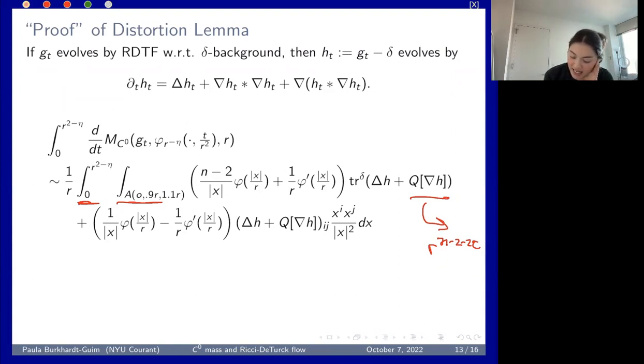The reason this works is that in these quadratic terms, nabla h appears twice, and that's why there are two here. If we didn't have two of the h's, we would get r to the n minus 2 minus tau, and that would not be good enough. So the fact that there are two nabla h's in the quadratic term is very important for being able to use the estimates of Cohen-Lamb.